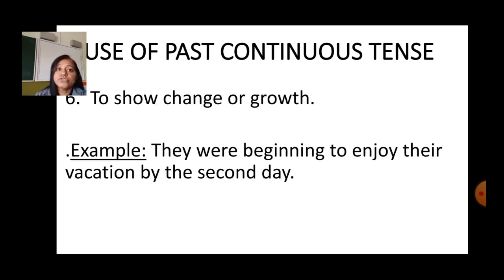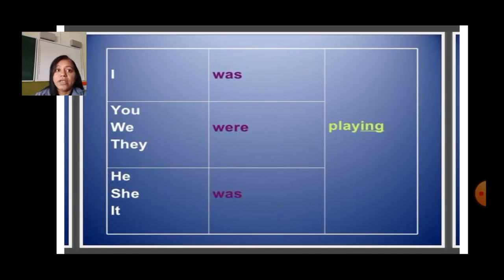It is also used to show change or growth. For example, they were beginning to enjoy their vacation by the second day. Here, there is change. To show the change, we use past continuous tense. Now, formation of past continuous tense: was plus ing or were plus ing.